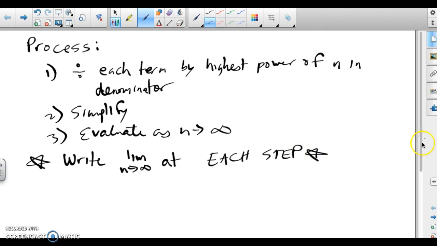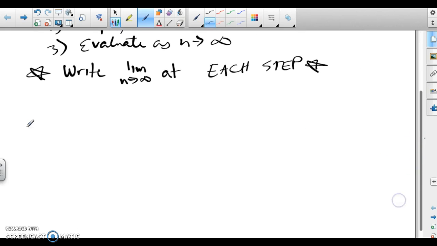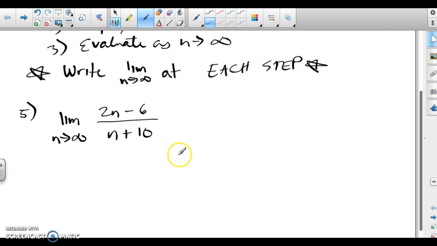So let's go ahead and do some practice problems here. We'll start off with number 5, the limit as n approaches infinity of 2n minus 6 over n plus 10. This is in your notes, so make sure you find that problem and do that in your notes.